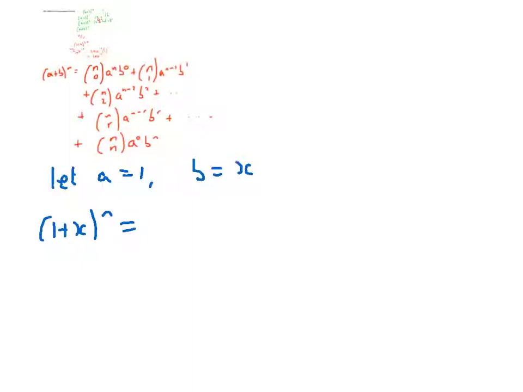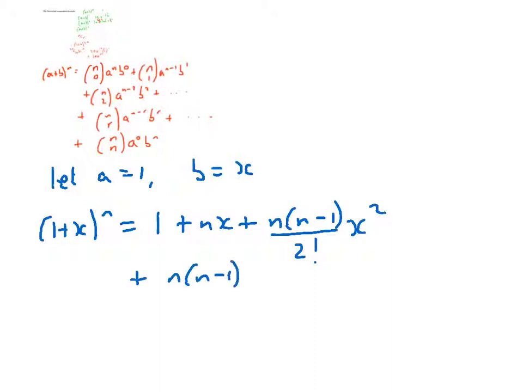And this, if you did all the theory of combinations, will end up with this lovely formula here: 1 plus nx plus n times n minus 1 over 2 factorial times x squared plus n times n minus 1 times n minus 2 over 3 factorial x cubed plus dot dot dot, all the way to the end.